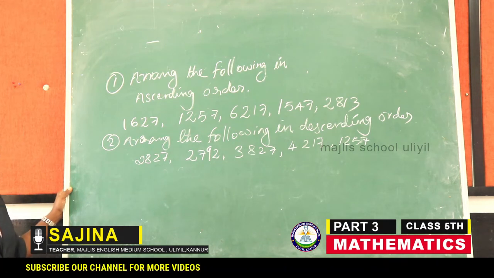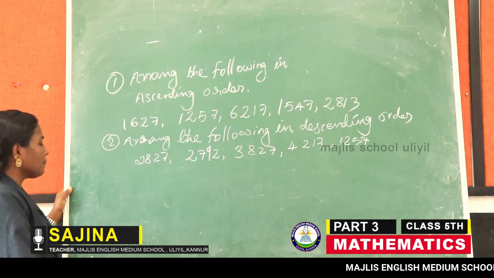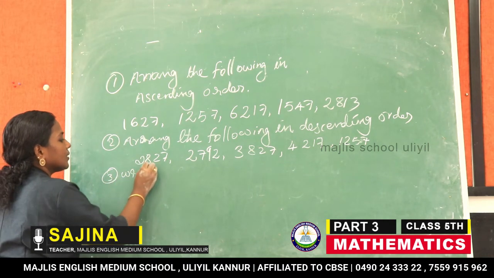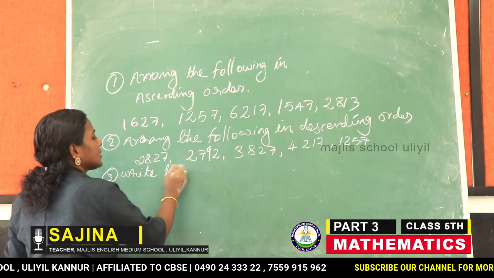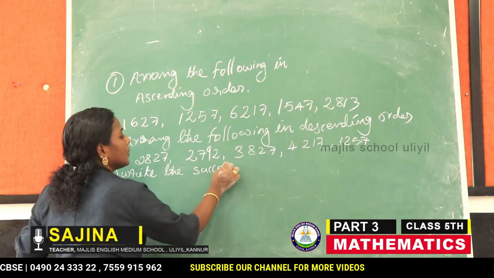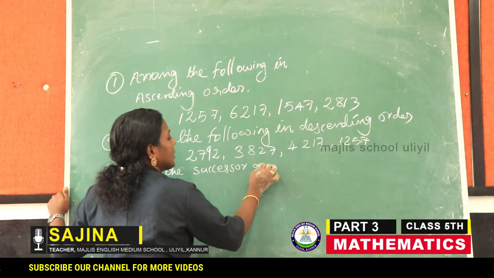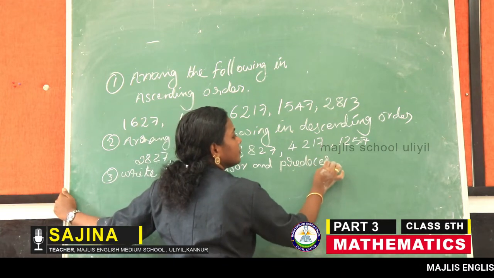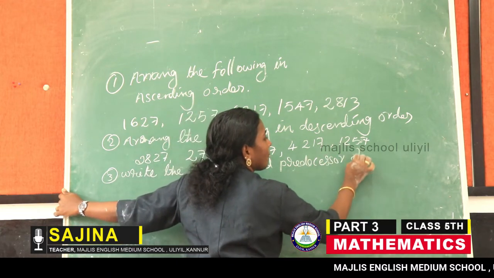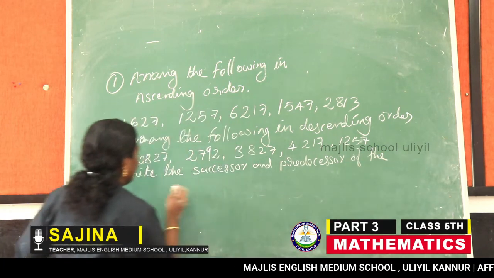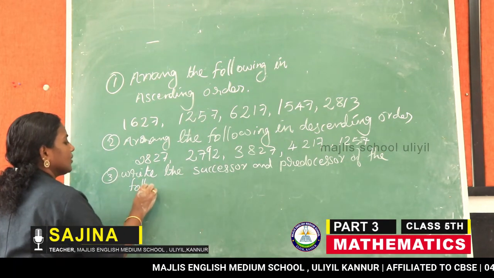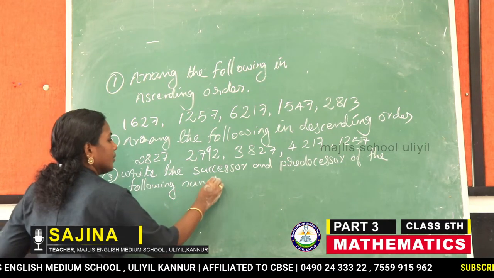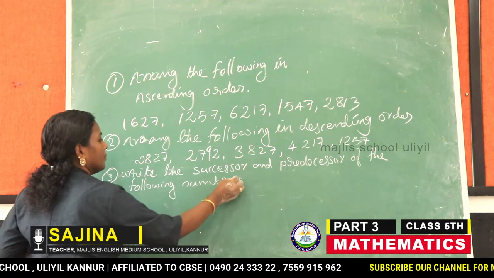Then write the successor and predecessor. Third one, write the successor and predecessor of the following numbers.